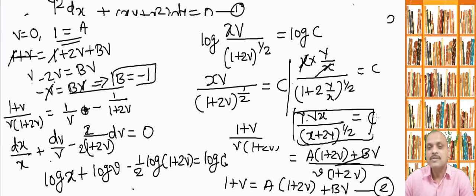The coefficient of dx and the coefficient of dy, or in dy by dx when it is of the type f1 of x comma y divided by f2 of x comma y, the degree of each term is the same. You just have to look at the degrees. Whenever the degree is the same, without thinking we put y equal to vx.